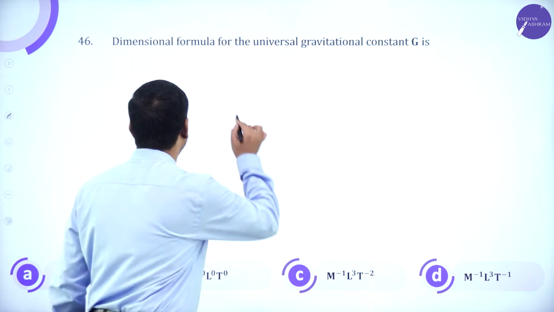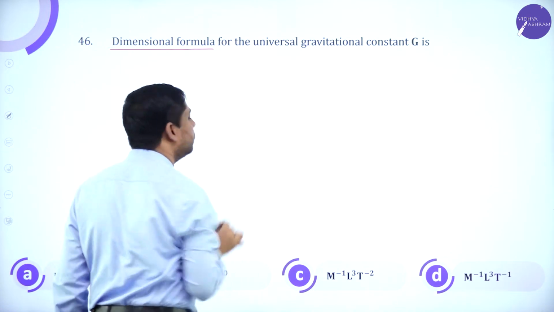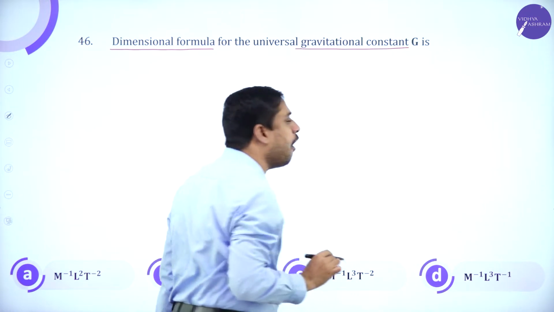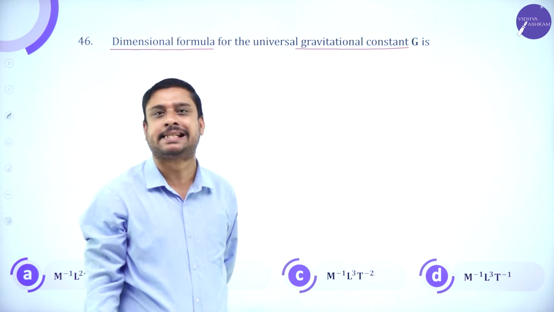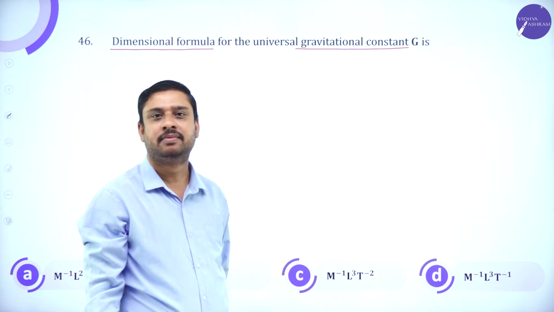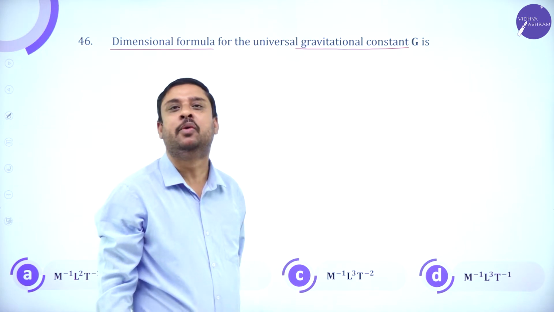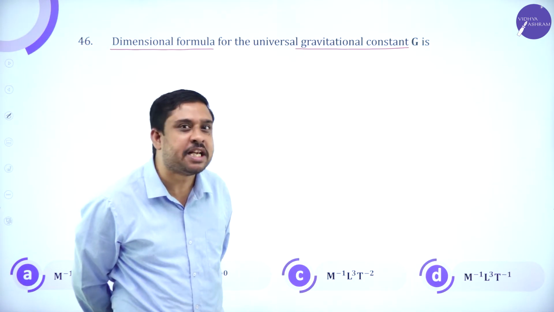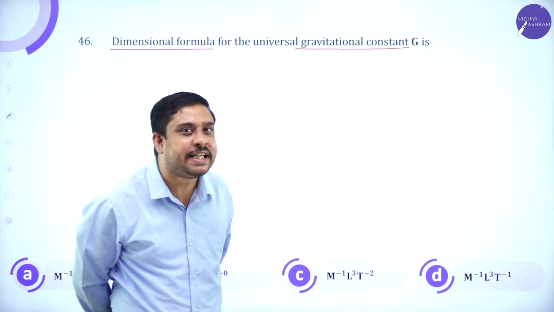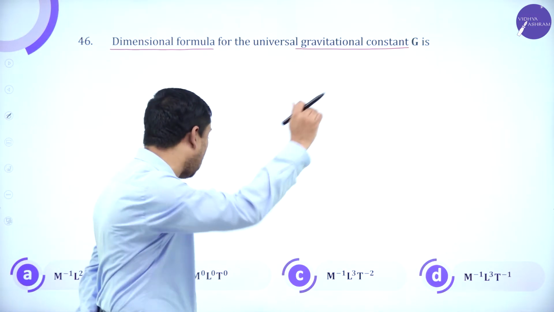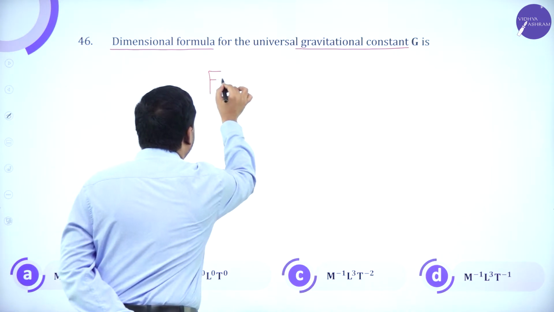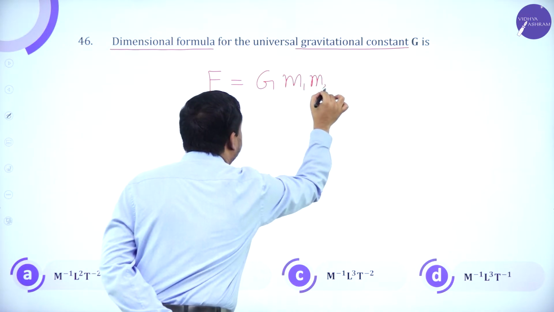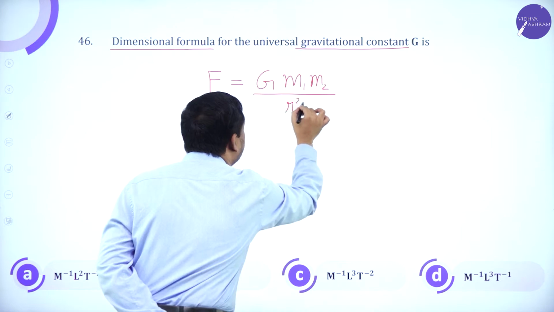The next question. I have to calculate the dimensional formula for gravitational constant capital G. Any expression which will give me gravitational constant, Newton's law of gravitation, where we wrote gravitational force is equal to G m1 m2 by r square.